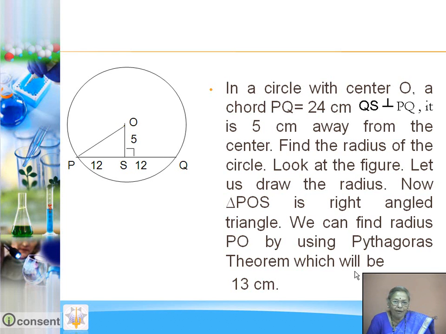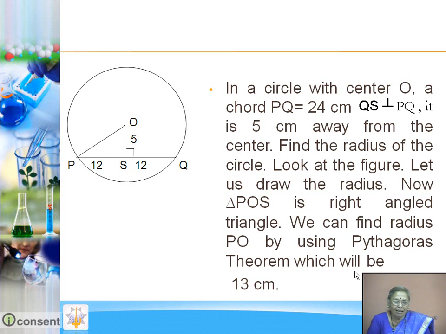Now here what kind of triangle is formed? The triangle formed is a right angle triangle. When there is a right angle triangle, by which theorem will you find out its hypotenuse? By Pythagoras theorem, you can find out the hypotenuse of the triangle.